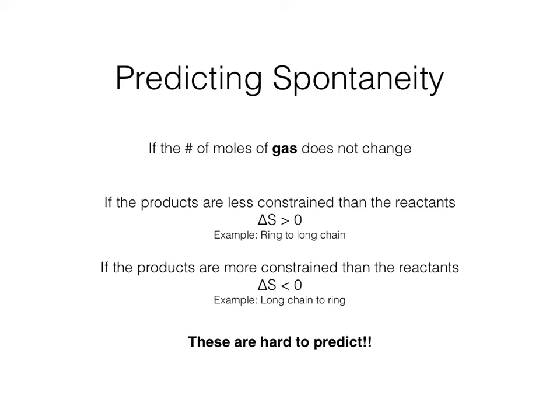Okay, other sorts of predictions that can happen are things like if the products are less constrained, so taking something that is a ring structure, something that is very confined and not able to move a lot, and breaking this up so that you then have a chain structure.